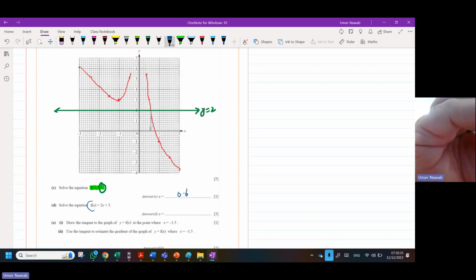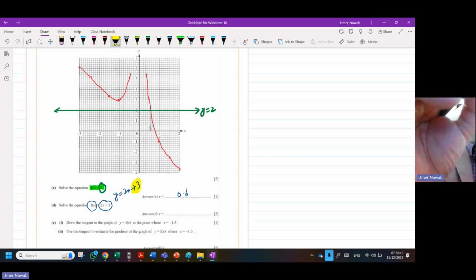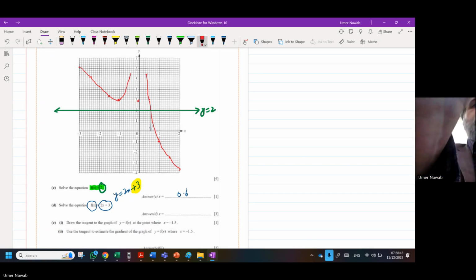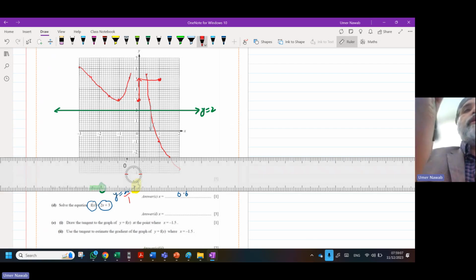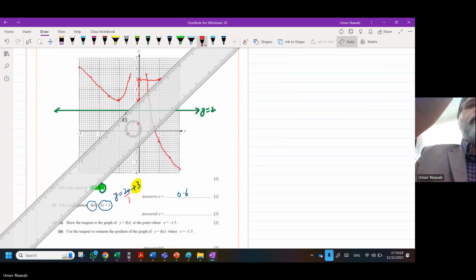Now, on the left-hand side, we have f of x, on the right-hand side, 2x plus 3. So y is equal to 2x plus 3. What is the y-intercept you have? 3. The y-intercept is 3. And the gradient is 2 over 1. So go 2 units up and 1 unit to the right. So basically, it gives us 2 points.